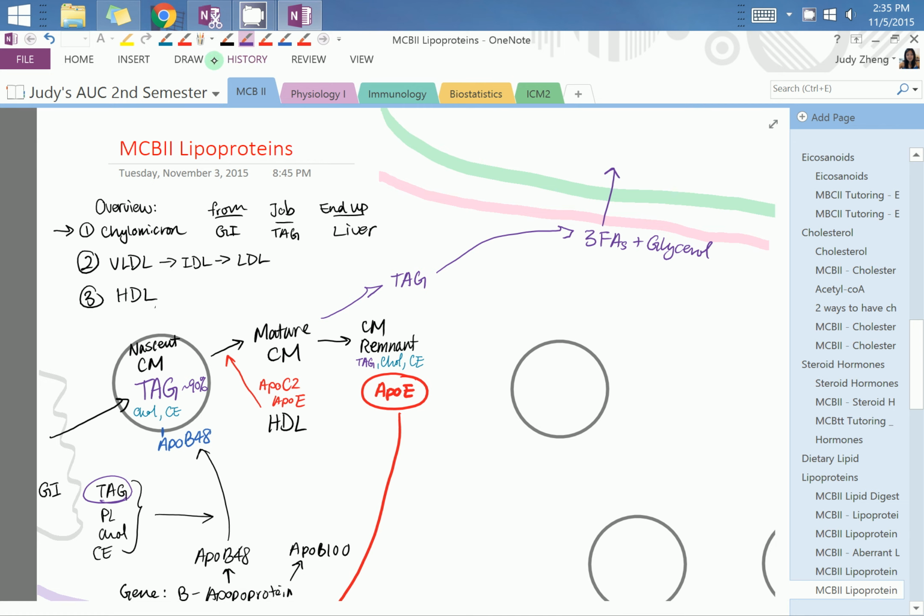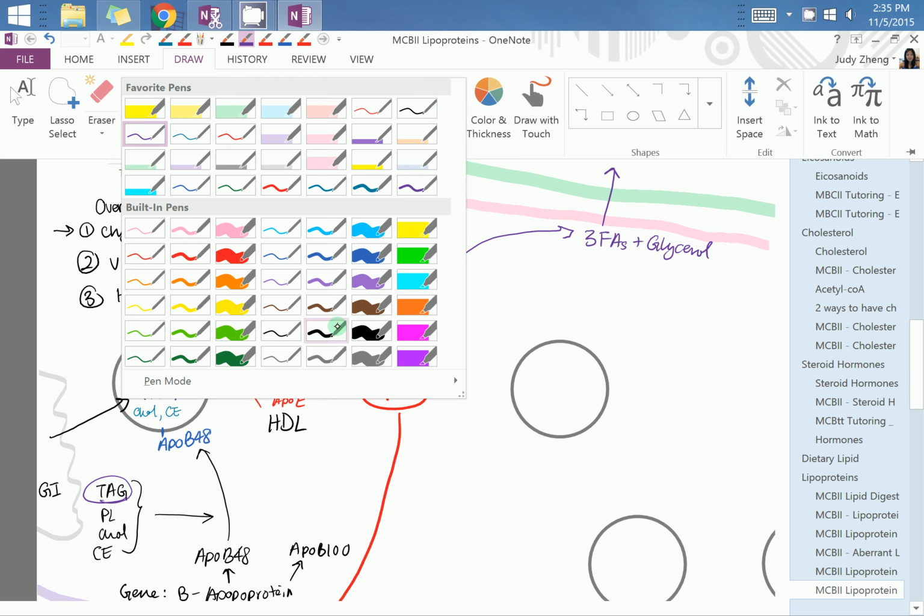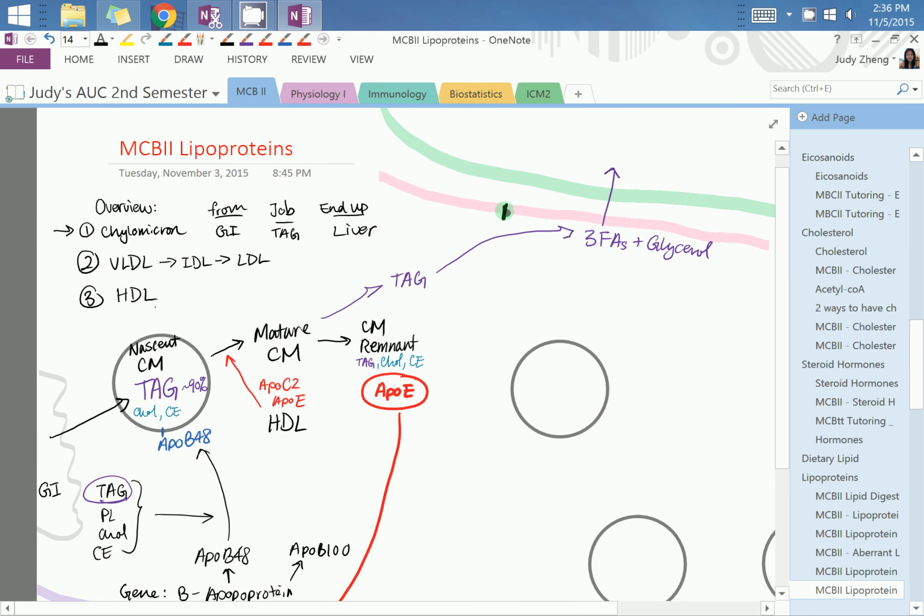And to catalyze this reaction, there's a protein called lipoprotein lipase, and that's located on this endothelial wall. So this is basically the blood vessel wall.